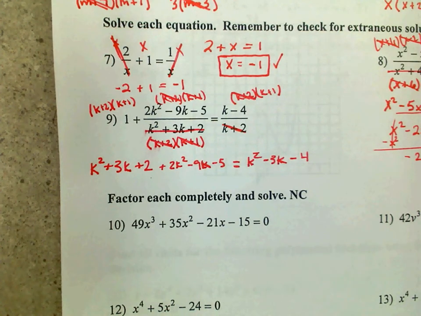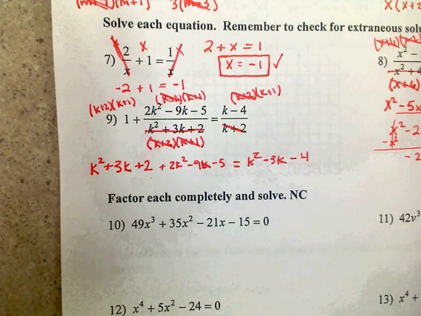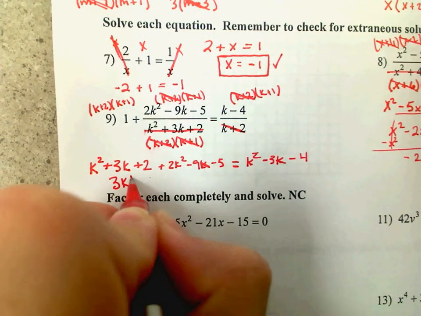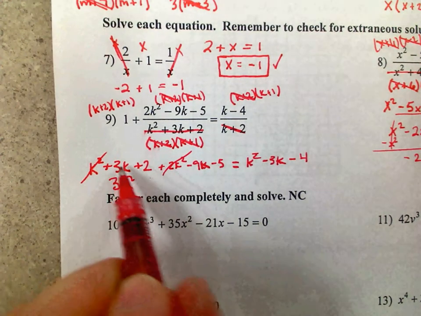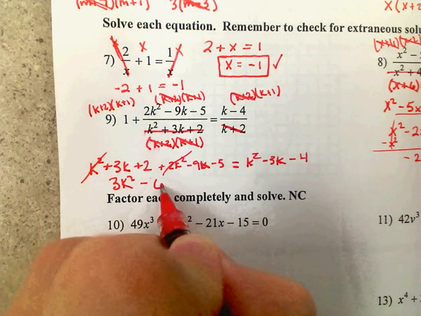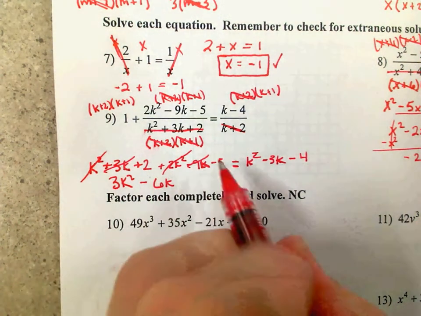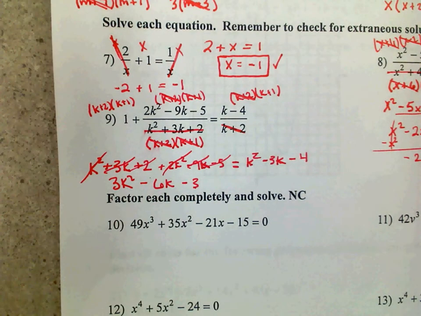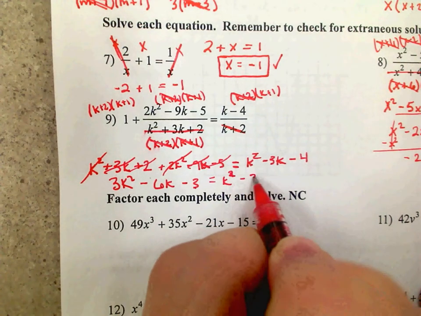Alright, so from here, again, we need to do some cleaning up. I see that I've got 2k squared and 1k squared. That would be 3k squared. I see that I've got a 3k and a minus 9k. That would be minus 6k. And I've got a plus 2 and a minus 5. That would be minus 3. Now I've also got a squared term, a linear term, and a constant term on the right side as well.